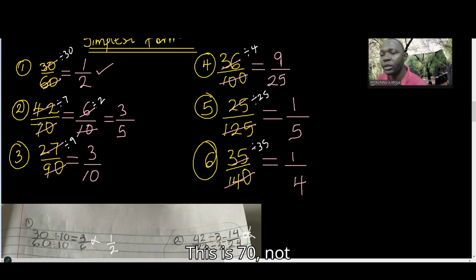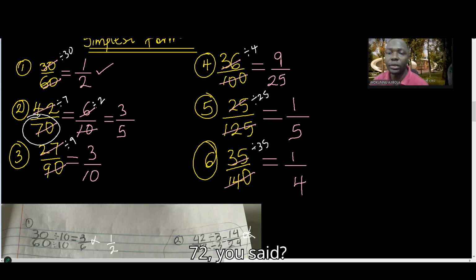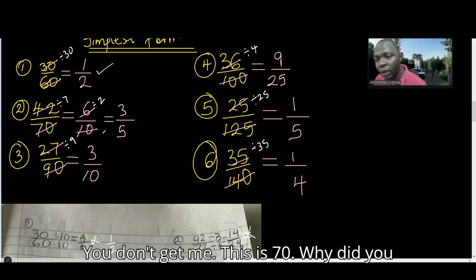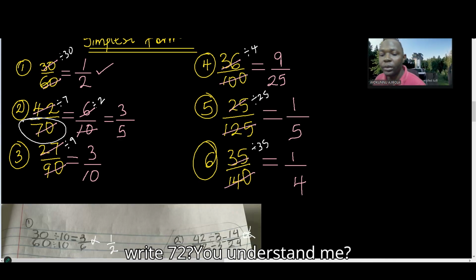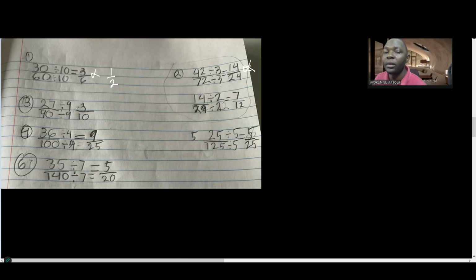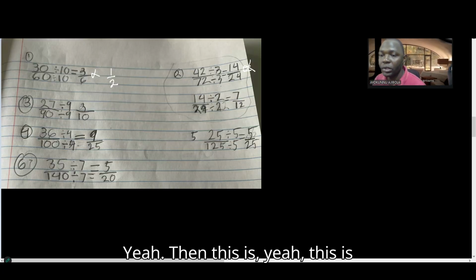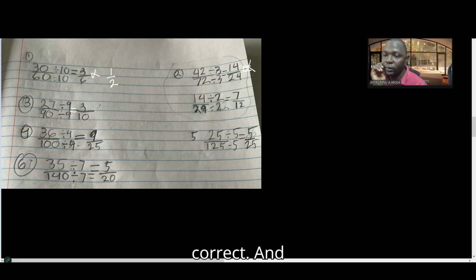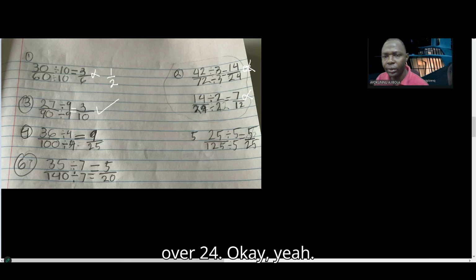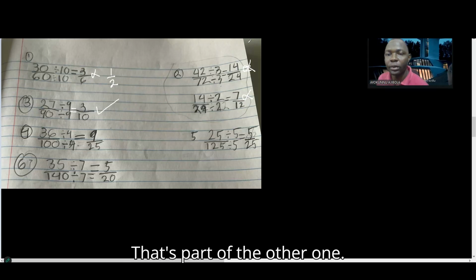This is 70. Why did you write 72? You understand me? Then this is correct. And this is not correct, 14 over 24.